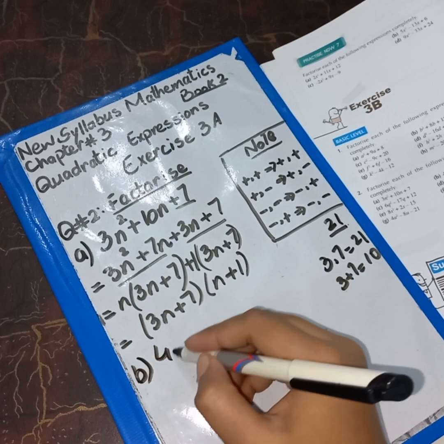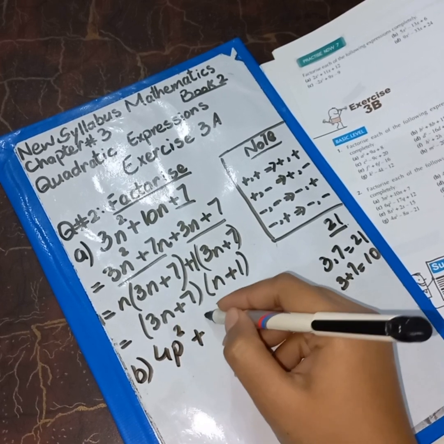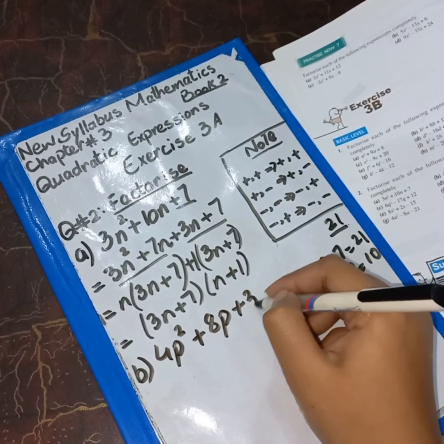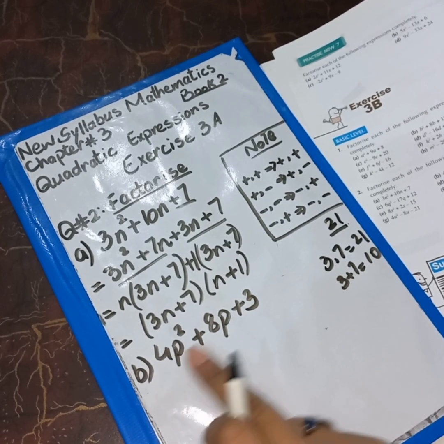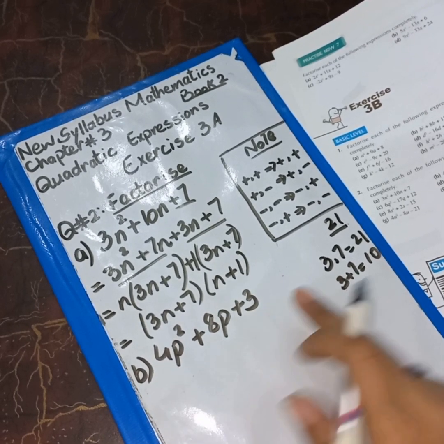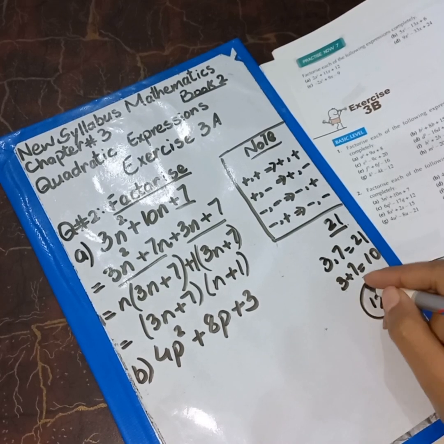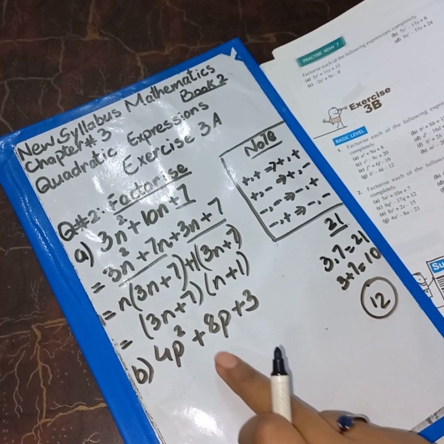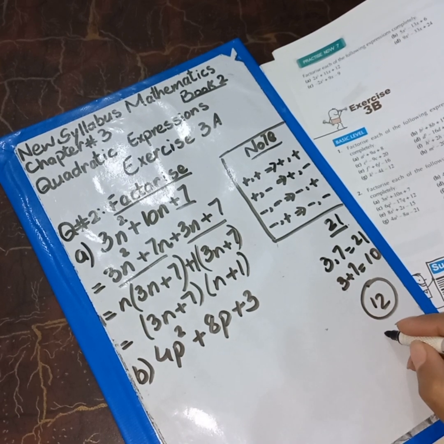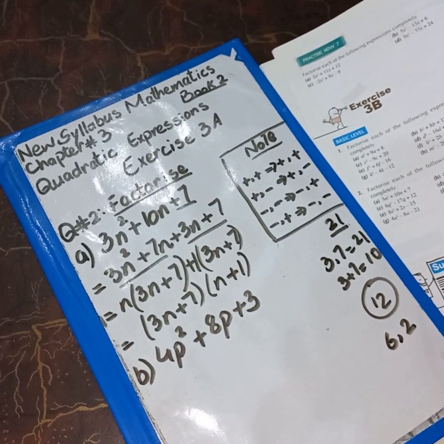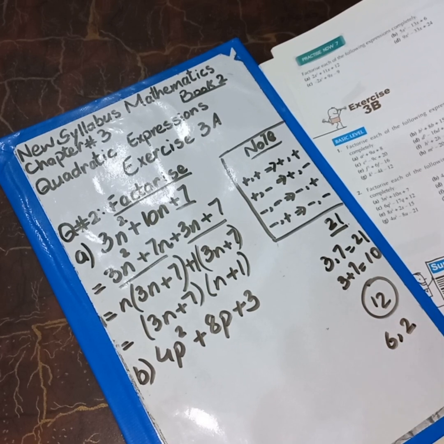Its B part is 4p square plus 8p plus 3. Looking at the coefficient of p square again, 4 will be multiplied by 3. So 4 threes are 12. You need to find a pair that gives you 12 after multiplication, and after addition gives you 8. So 6 times 2 is 12 and 6 plus 2 is 8.